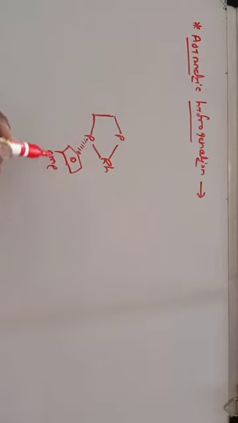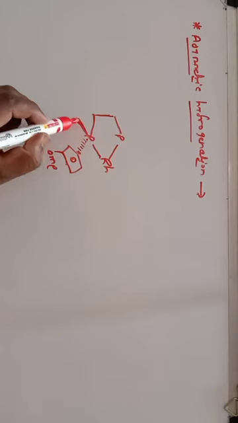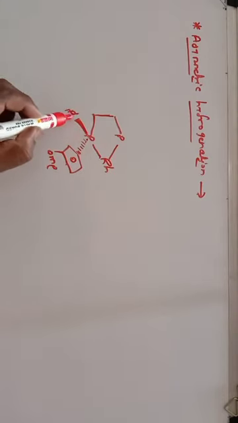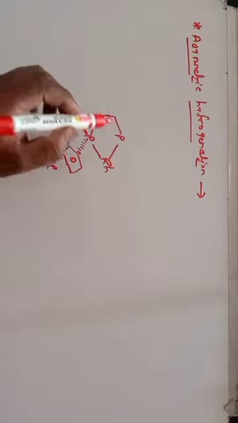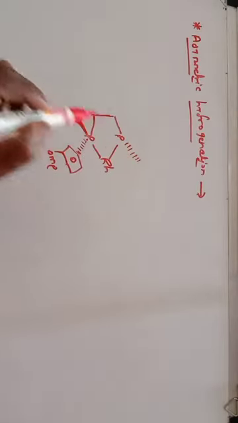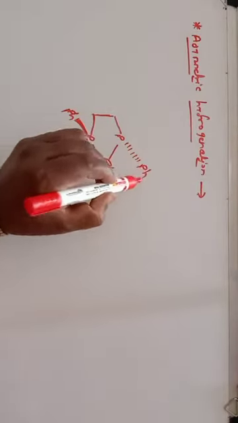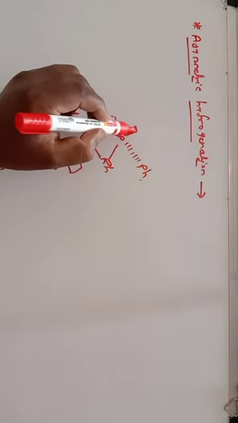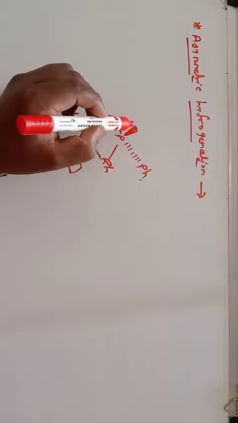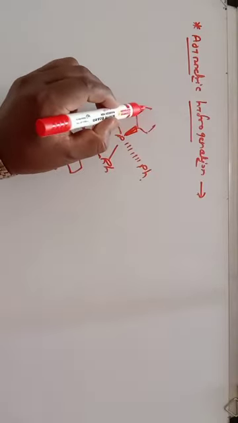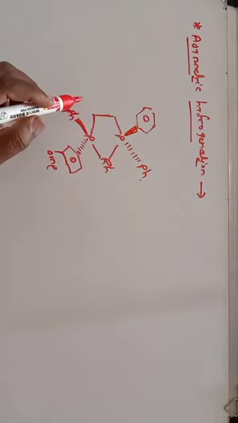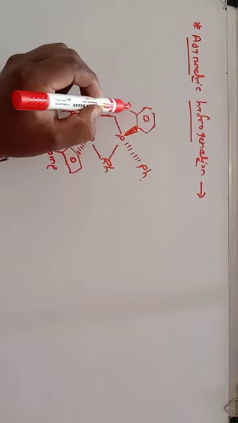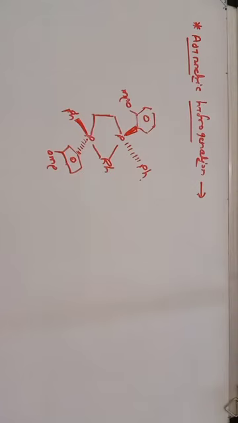OMe is there, again the phenyl group is there, and this phosphorus also has one phenyl and one phenyl with an OMe residue, that is OCH3, the methoxy residue.